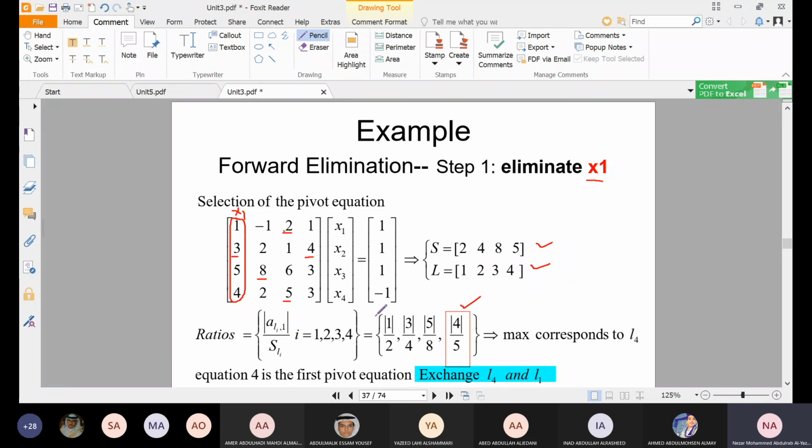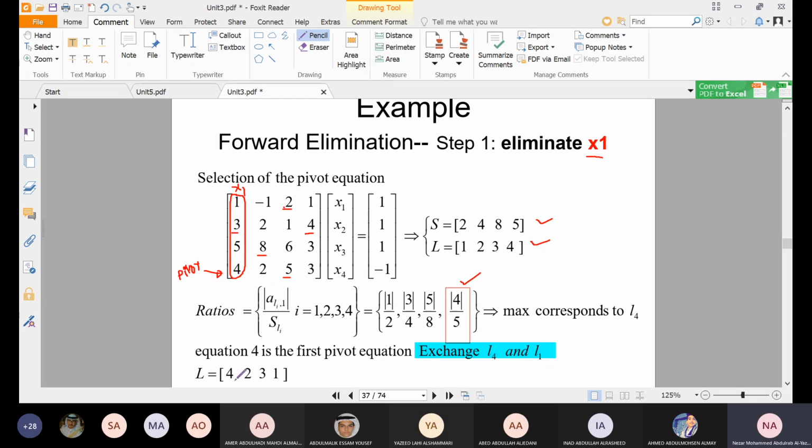You can see this represents line number 4. So this is the ratio of line number 4. In this case, we just fix this at its position. Now this is our pivot element, the pivot equation.